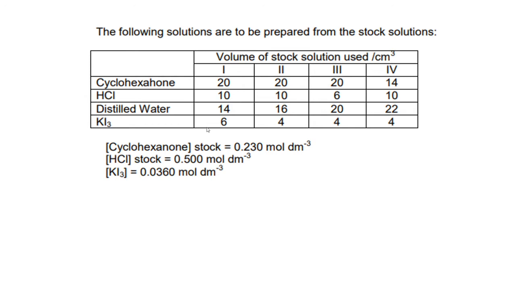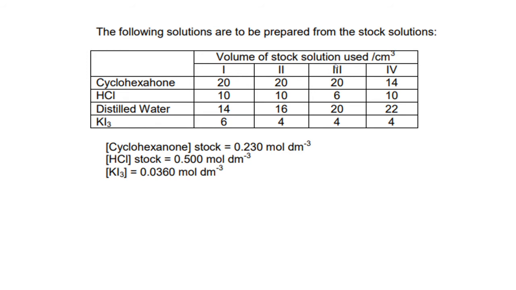Okay, so if you're in the lab, you should look at what's going on here. If you go from trial 1 to trial 2, the stark difference is that you're reducing the amount of KI3, the I3 minus here.